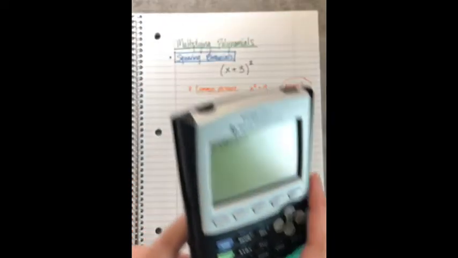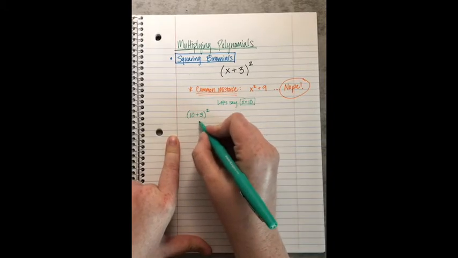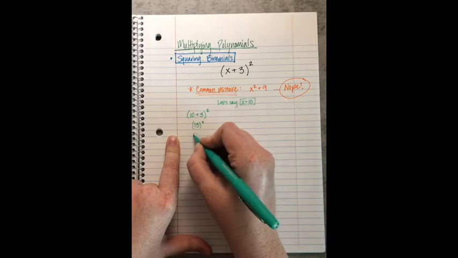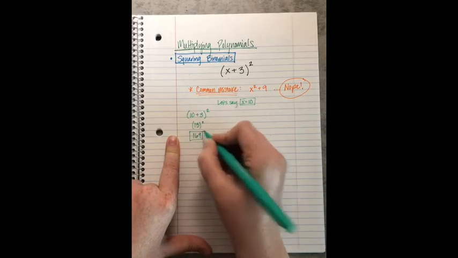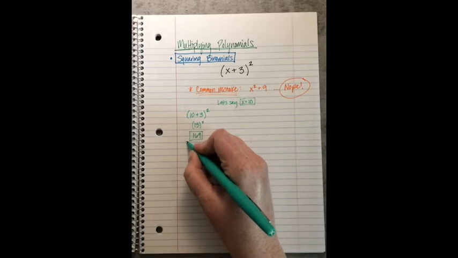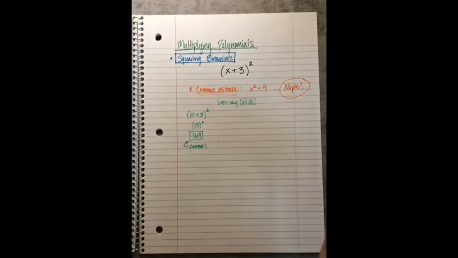Now let me show you how. Use order of operations, parentheses first. 10 plus 3 is 13. And then 13 squared is 169. So 169 is the correct answer. You might just want to write to yourself, correct answer right here.